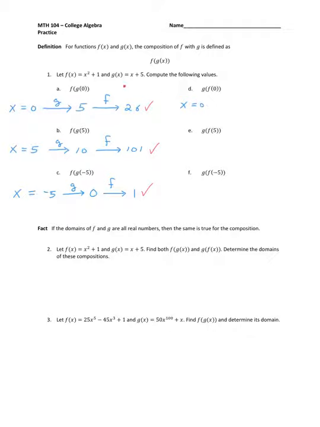But first, we're putting it through the function f, and then we put it through the function g, so we're reversing the steps here. So if we first put 0 into the function f, 0 squared is 0 plus 1 gives us 1. So the first step is actually going to go to 1. But now we take that number 1 and put it through the function g. g is defined as x plus 5, so 1 plus 5 is 6.